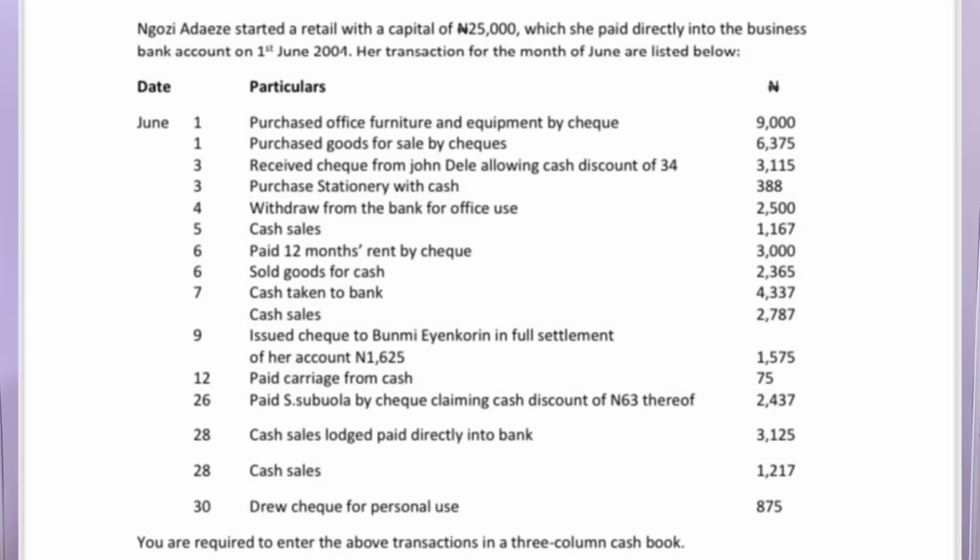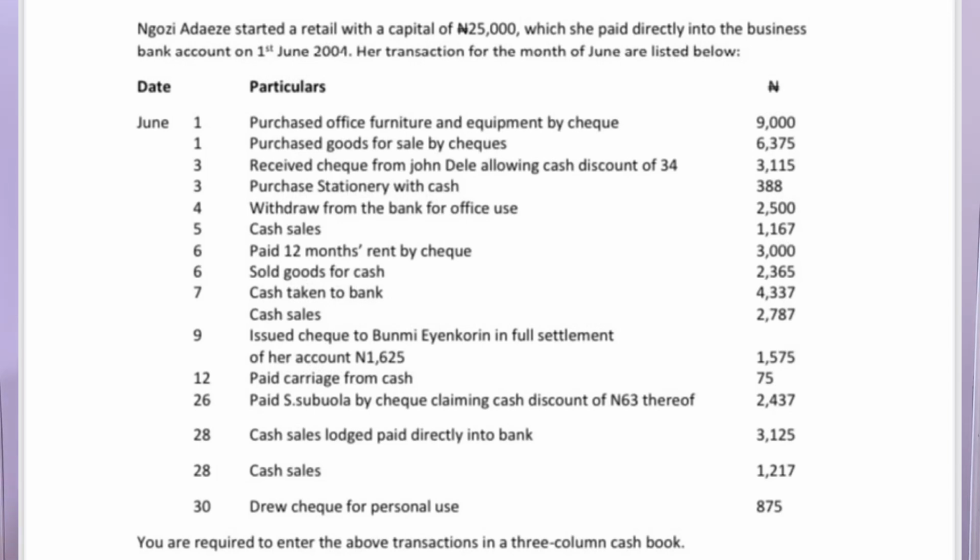Her transactions for the month of June are listed below. June 1, purchase office furniture and equipment by check, 9,000. Purchase goods for sale by check, 6,375. Receive check from John Daly allowing cash discount of 34.